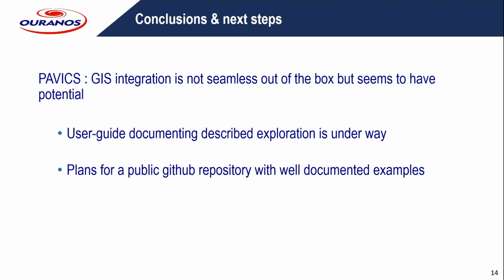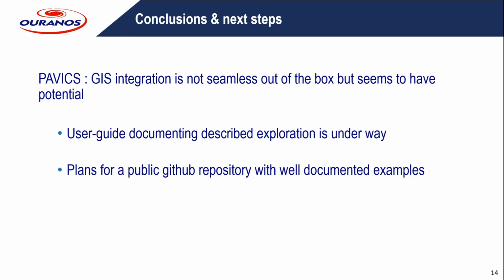So just in conclusion, I think the overall conclusion that we have is that this PAVX GIS integration is, although not seamless out of the box, something that seems to have a fair amount of potential, and that blend of what we've already been doing on the PAVX Jupyter side with what is available on ArcGIS seems worth exploring further.